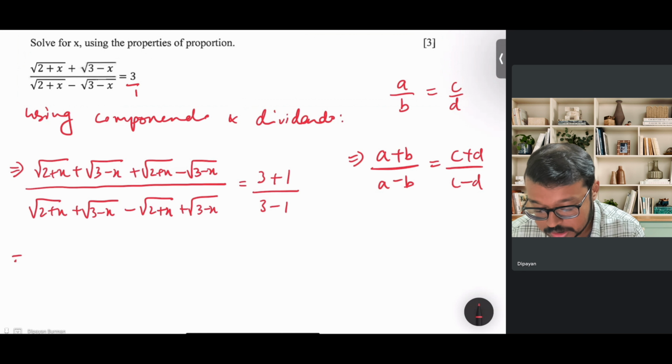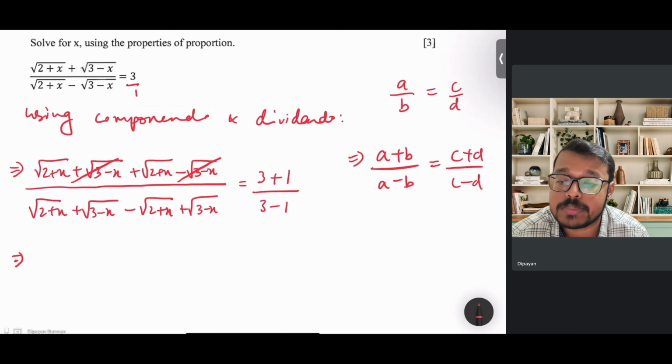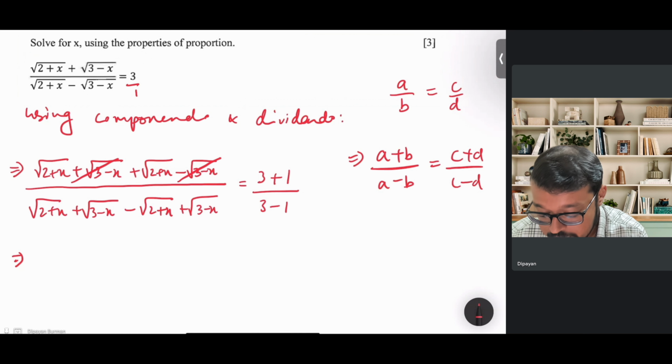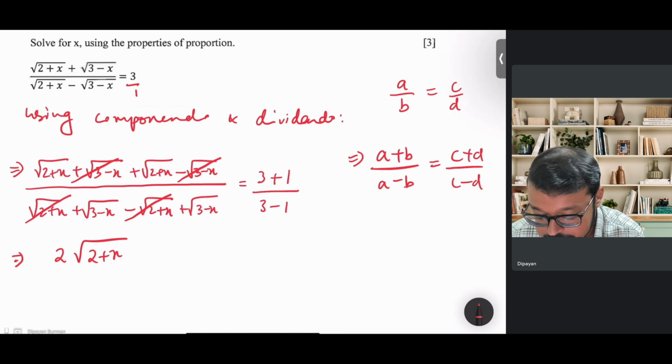Now this is equal to 3 plus 1 divided by 3 minus 1. Alright. Now if we see the root 3 minus x and the root 3 minus x here can be cancelled, plus and minus, and the root 2 plus x and minus root 2 plus x can be also cancelled. So in the numerator we have root of 2 plus x plus root of 2 plus x. So that is 2 times root of 2 plus x divided by 2 times root of 3 minus x.